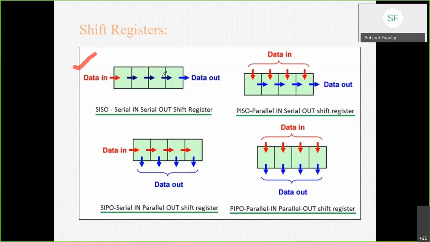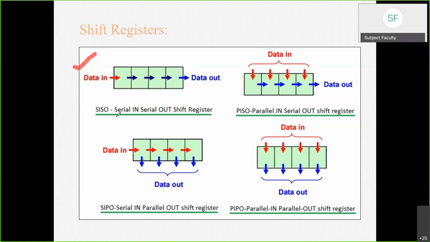You can observe 4 blocks are given here, 1, 2, 3, 4. So you can treat these 4 blocks as 4 flip-flops, and each flip-flop will store 1 bit. Okay, so 4 flip-flops will store 4 bits.